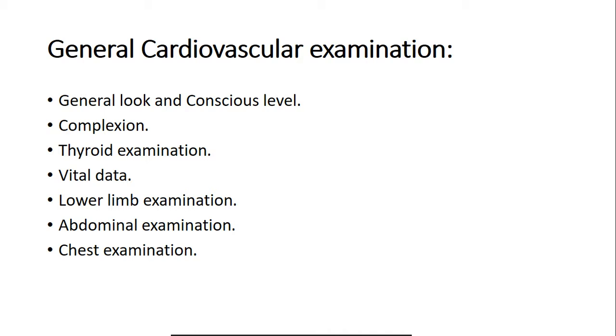Your patient may have epigastric pain because he has an inferior wall ischemia, or he has gastritis, cholecystitis, pancreatitis, or more critically, dissection of abdominal aorta. So it's very important to examine his abdomen.